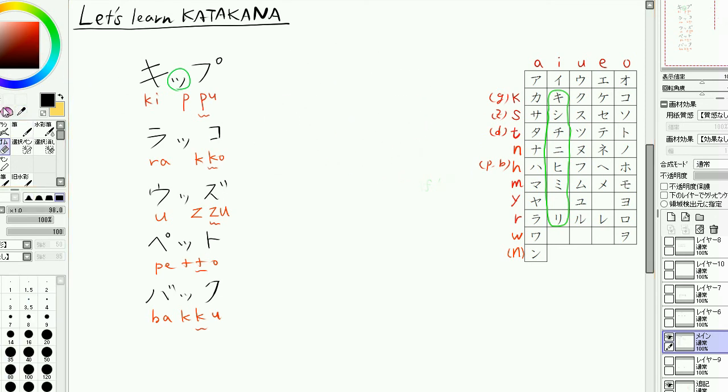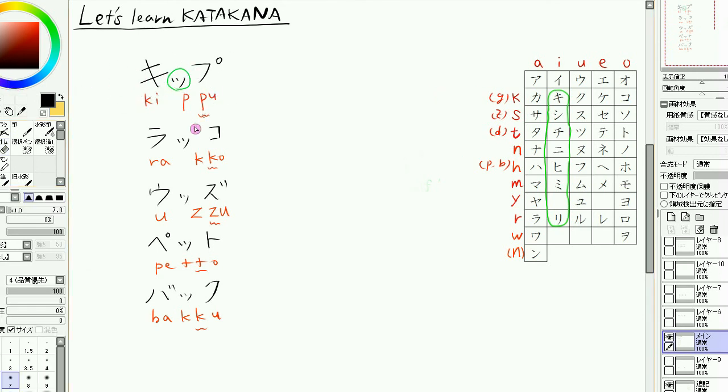Okay, and in some cases, this small tsu can be used at the end of the word. For example, I often say this. It's i, ta, and small tsu, but nothing is next to it, so I can't write it in Roman alphabet.